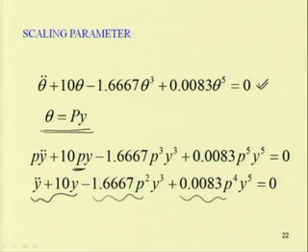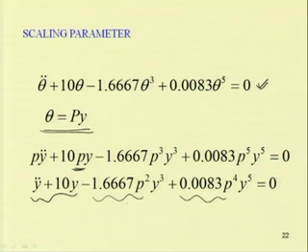Now, by suitably choosing this p parameter, we can write these coefficients in such a way that they will be of the same order as that of the linear part. That means we have to choose p in such a way that this 1.6667 p square may be nearly equal to 10.